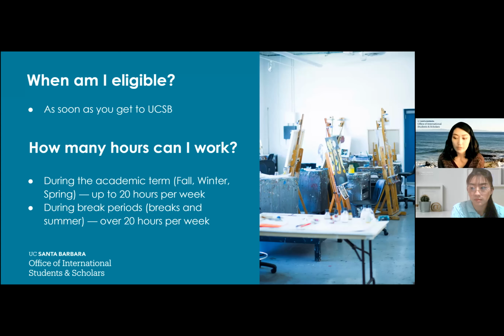And then during break periods, such as winter break, spring break, or all of summer vacation, then you can work over 20 hours per week. And this would include all types of work, whether it's on campus or off campus. It's a combined total, either minimum or maximum of 20 hours per week.